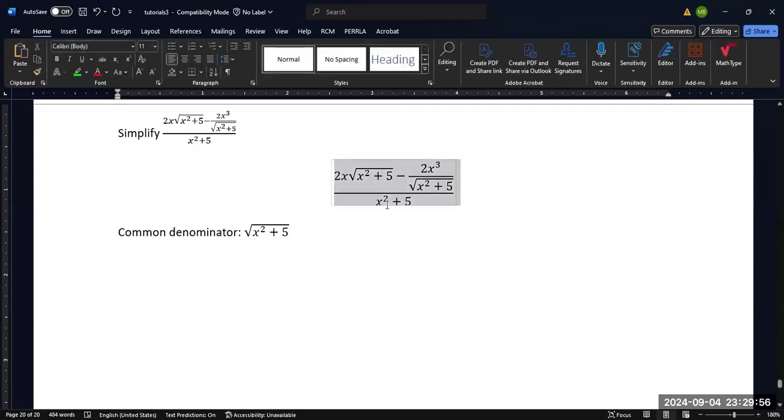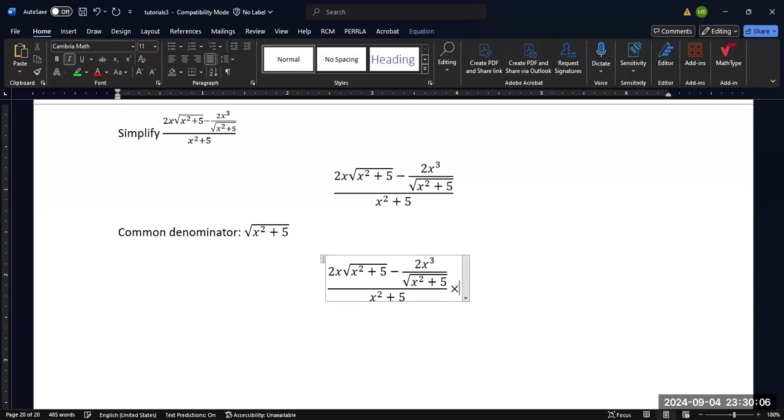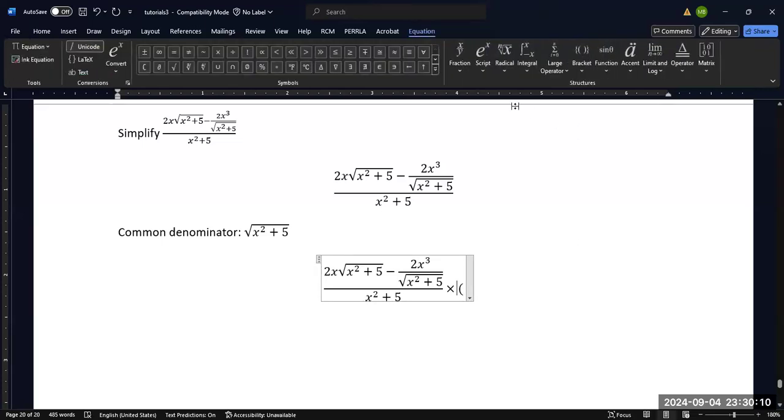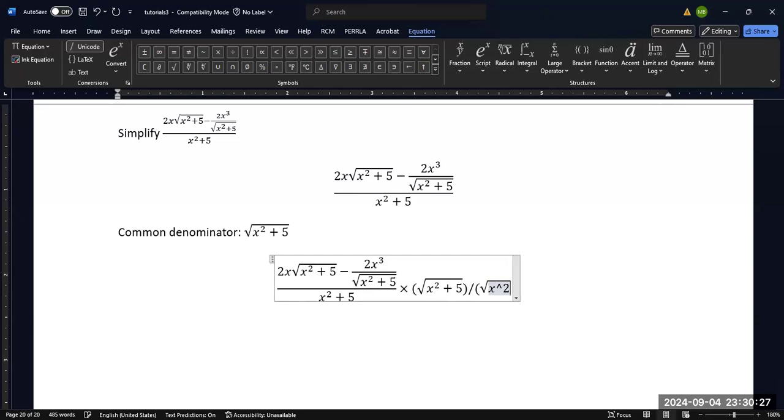So we're going to take our fraction and multiply by the square root of x squared plus 5 divided by the square root of x squared plus 5.